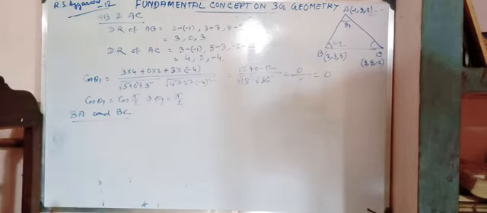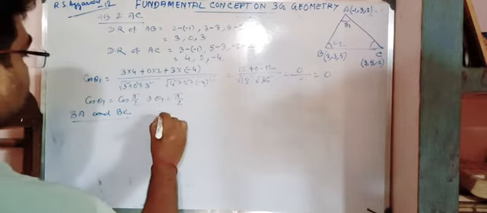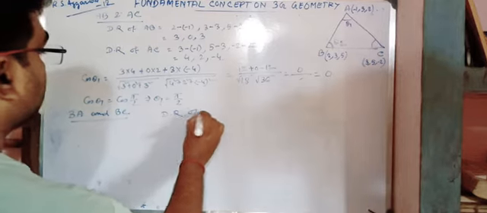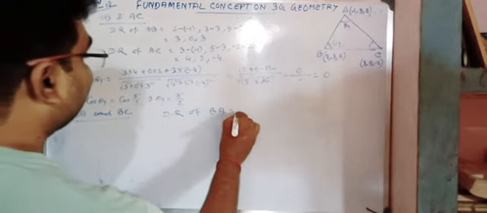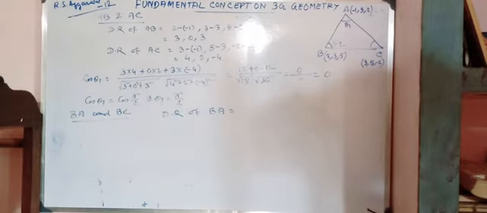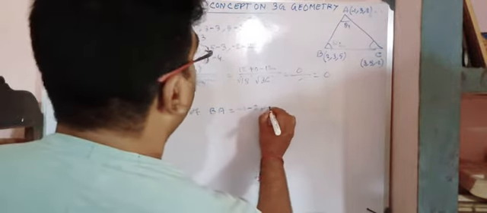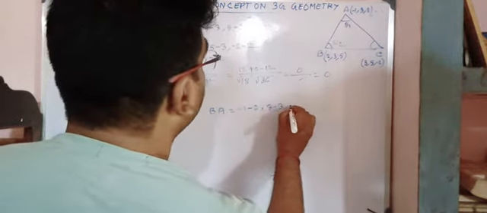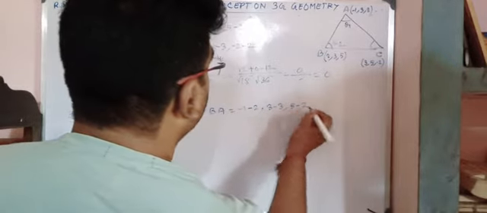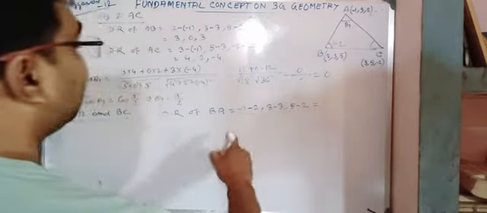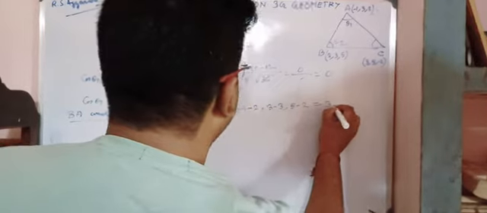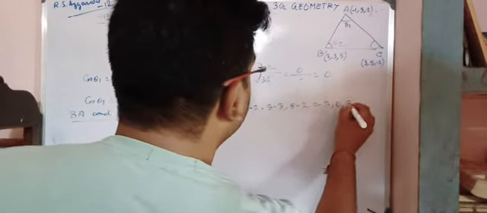Now the direction ratio of BA is equal to minus 1 minus 2, comma 3 minus 3, comma 5 minus 2. So that's coming minus 3, comma 0, comma 3.